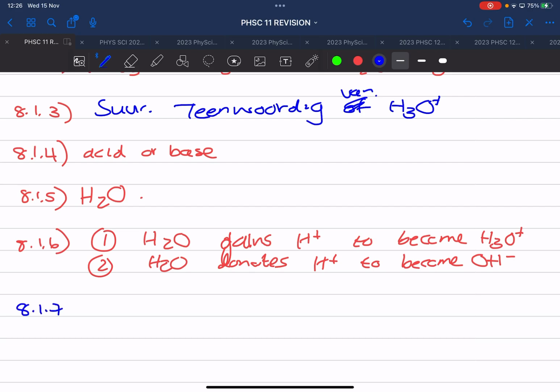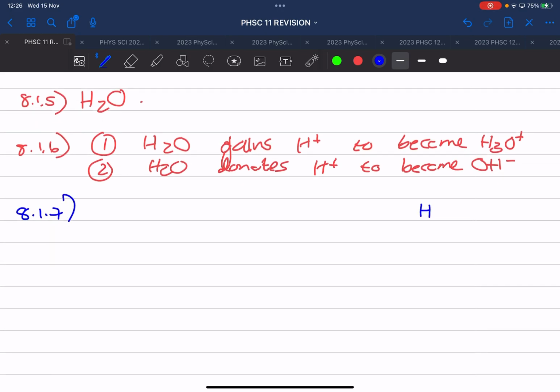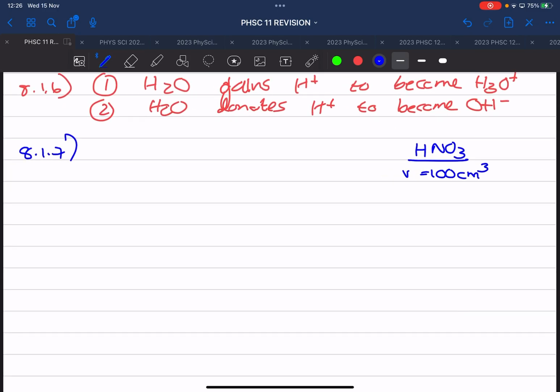8.1.7, they say you have of the nitric acid, you have 100 centimeters cubed or cubic centimeters. En dan stop jy, kubieke centimeter is dieselfde as milliliter. We do not work in milliliters, we work in liters, so you're going to say times 10 to the power negative 3. Deel deur 1000.